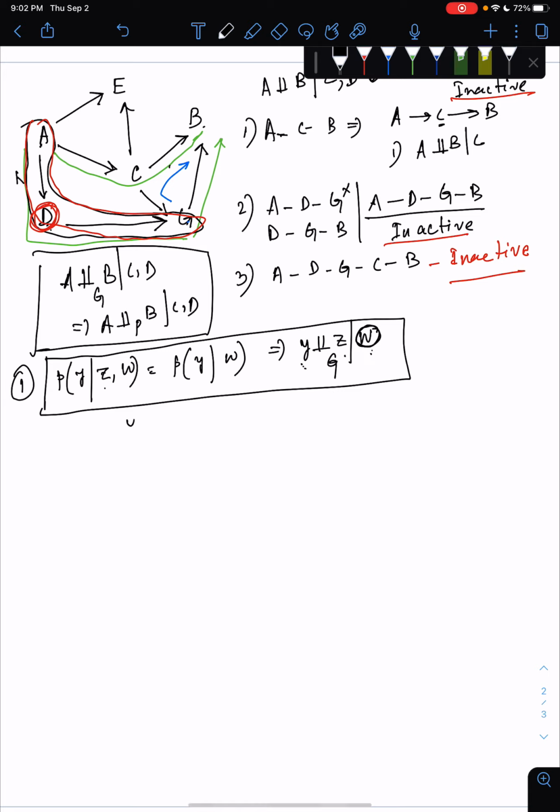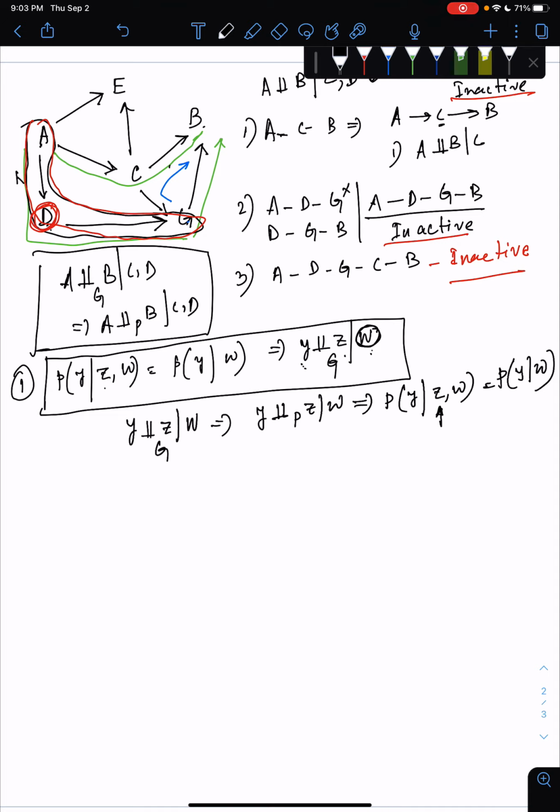Since Y and Z are independent given W, we can remove Z.